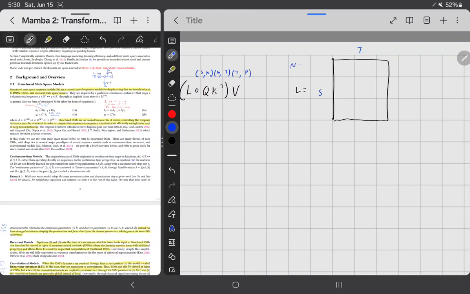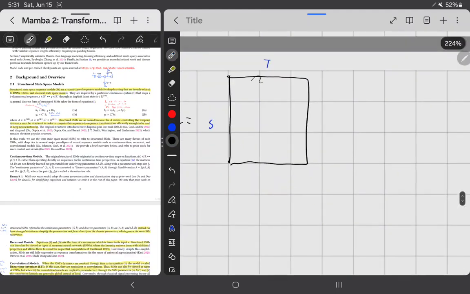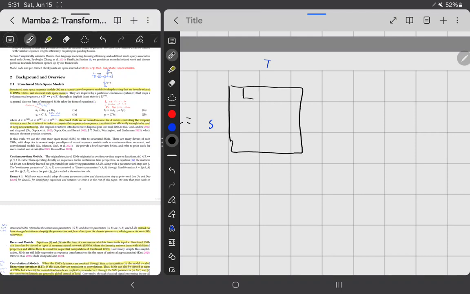Same with N. N can be equal to P, but it doesn't have to be. And in this matrix here, you have this upper triangle, which is zeros. That is a terrible upper triangle. Let me redraw that. Yeah, that's better. So these are all your zeros, and then everything here is ones.